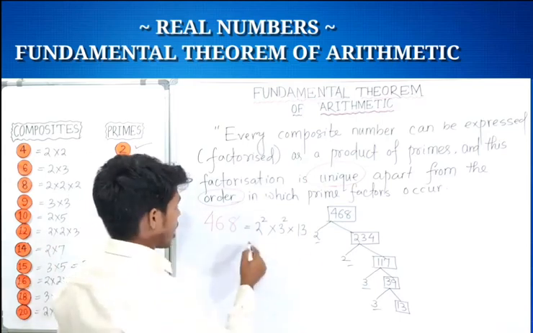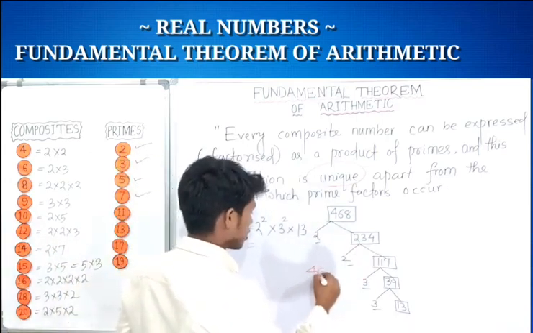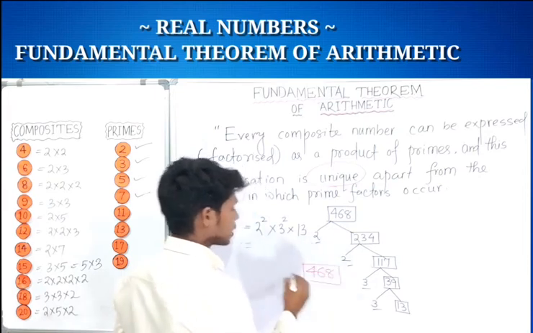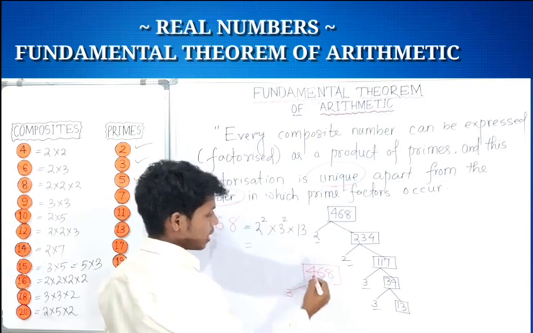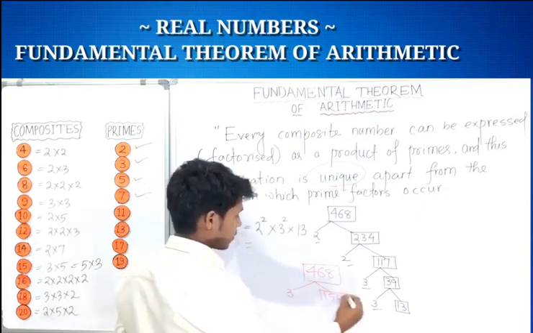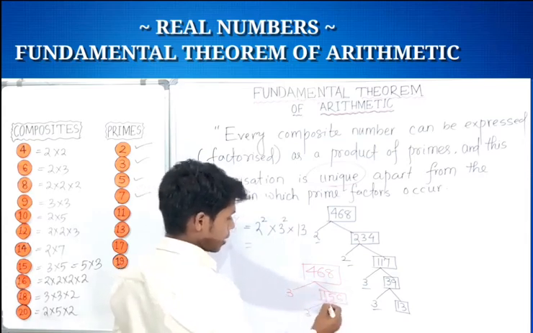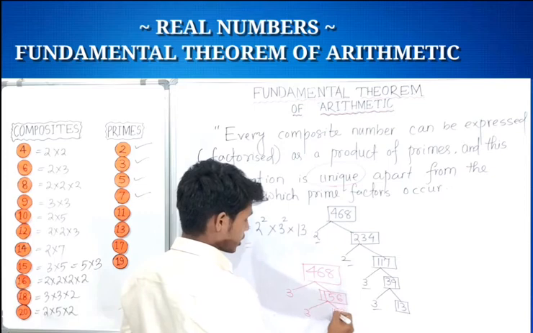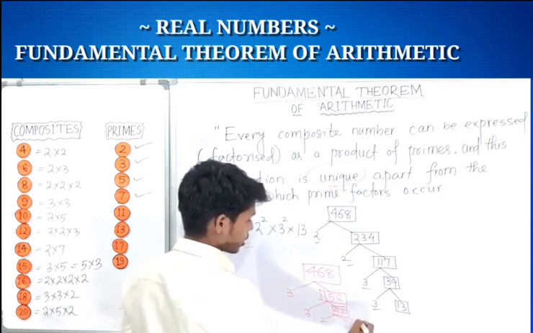Apart from the order, the order may be changed. Means if I first divide 468 by 3, I will get 156. Dividing 156 by 3 again, I will get 52. Again let's divide it by 2, we will get 26.